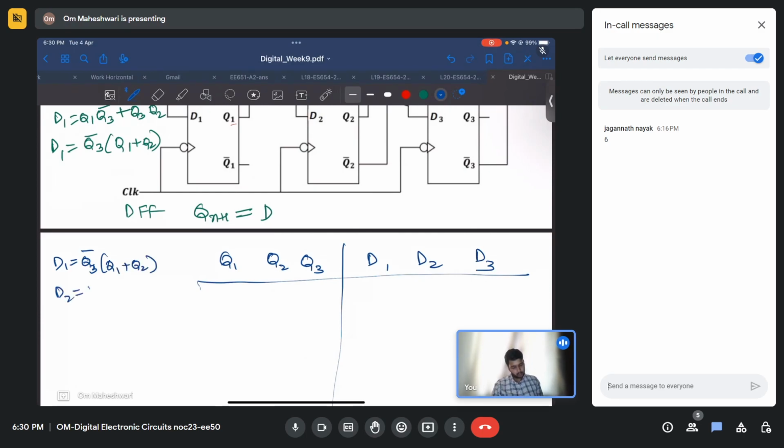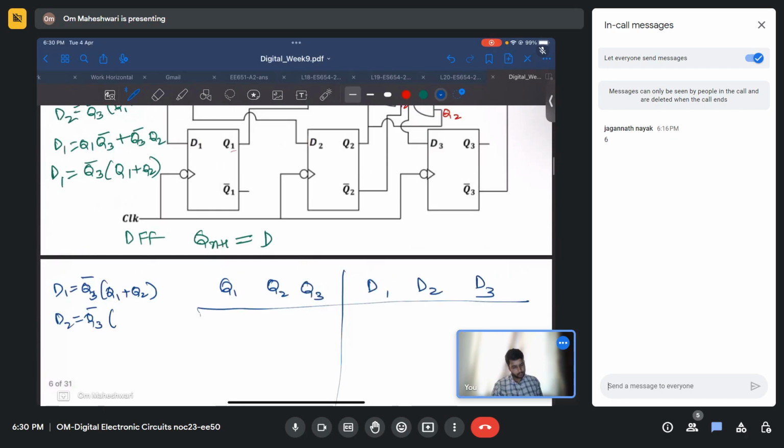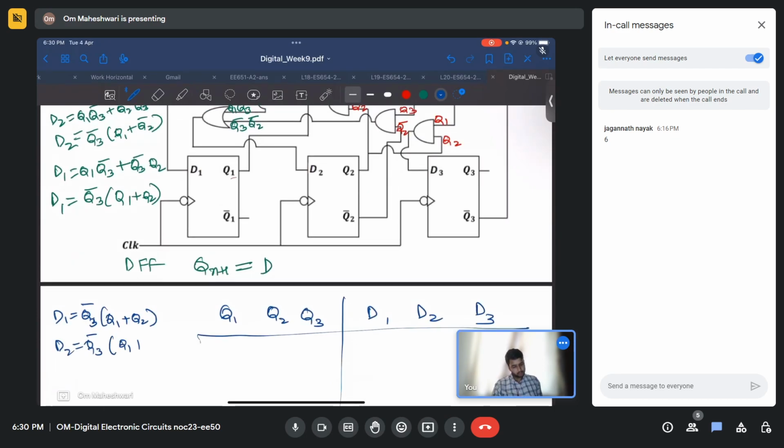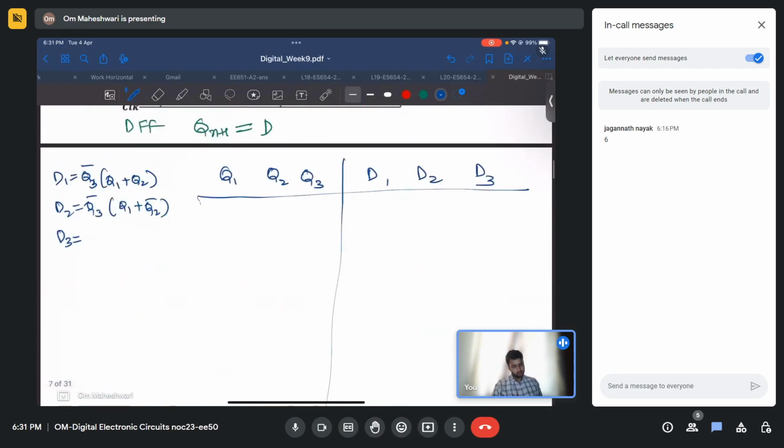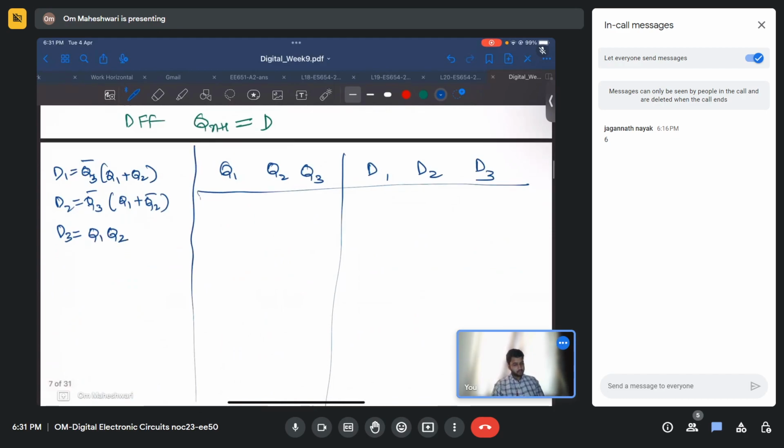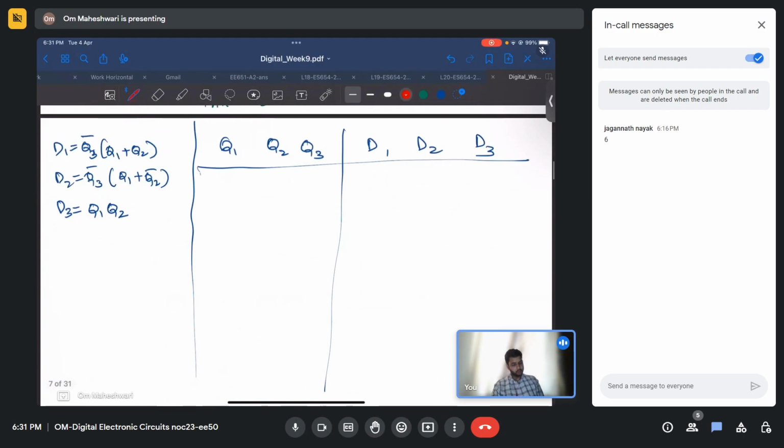D2 equals Q3 bar times (Q1 plus Q2 bar), and D3 equals Q1 Q2. Okay, so we will start with 000. This is the initial state.